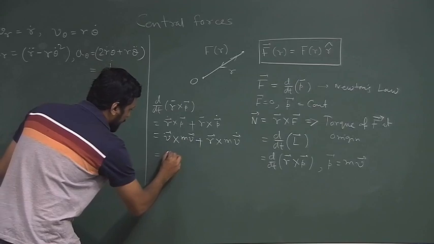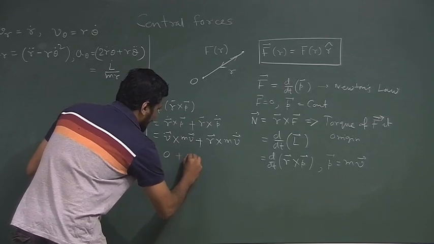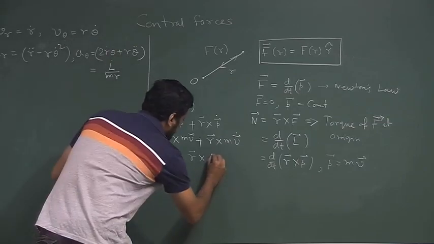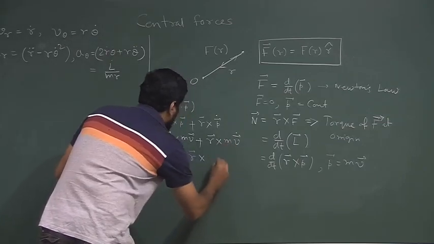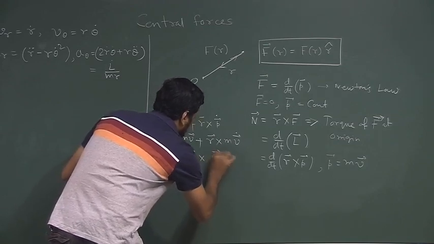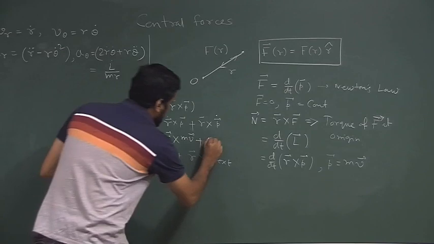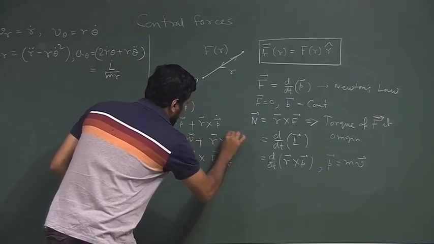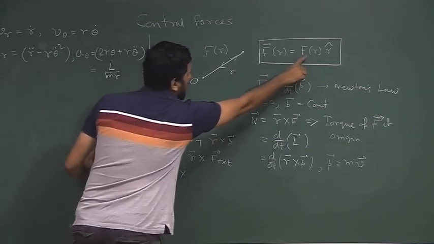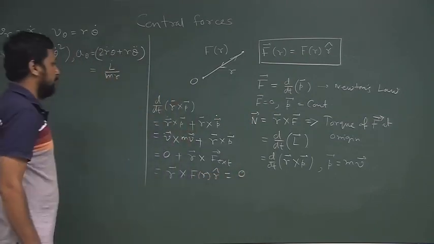Now, v cross v will always give you 0, and we have r cross m v dot, which is p dot, which is F external. Actually, we do not have to write this step, we can simply write this as r cross p dot, which is once again equal to 0.